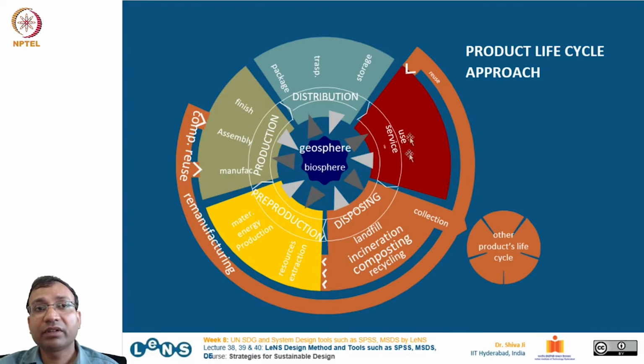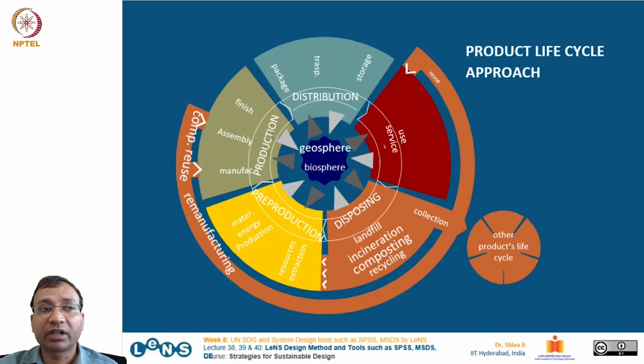You can see over here a diagram of a product's life cycle stages, starting from pre-production, to production, to distribution, to usage, and then disposing. In the first segment there is resource extraction, and material and energy go into producing it.